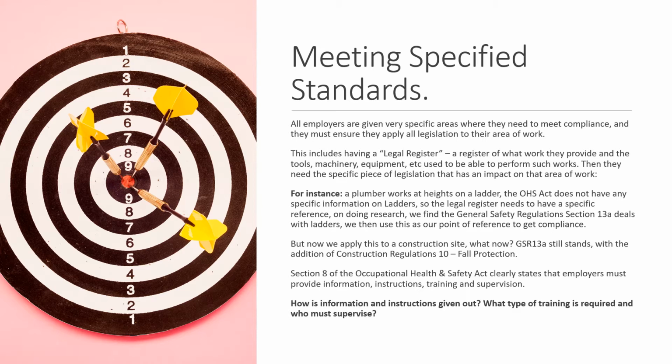Thus, knowing where to apply a specific piece of legislation, what type of legislation is required, and then the precautionary measures that have been set out either in legislation, manufacturer's requirements, or any other standard needs to be applied.